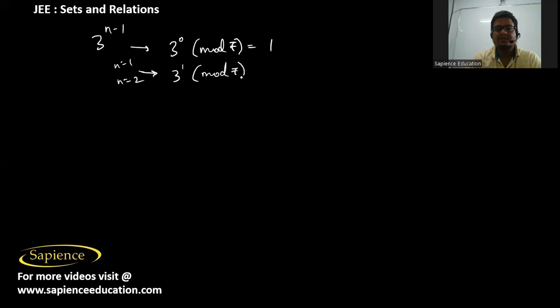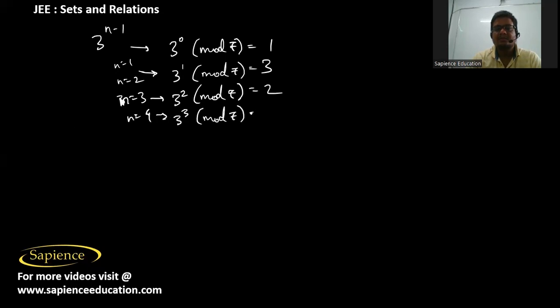Now if we do 3 power n minus 1, then if we take n equal to 1, 3 power 0 mod 7 is 1. Then n equal to 2, 3 power 1 mod 7 is 3. Then n equal to 3, 3 power 2 mod 7 is 2. Then n equal to 4, 3 power 3 mod 7 is 6.